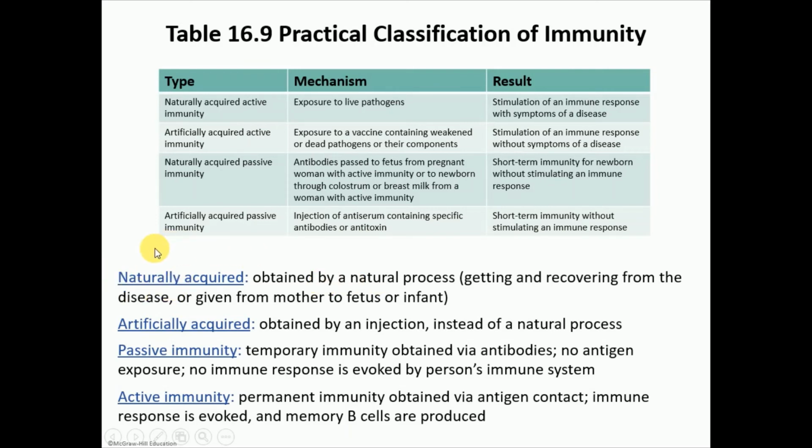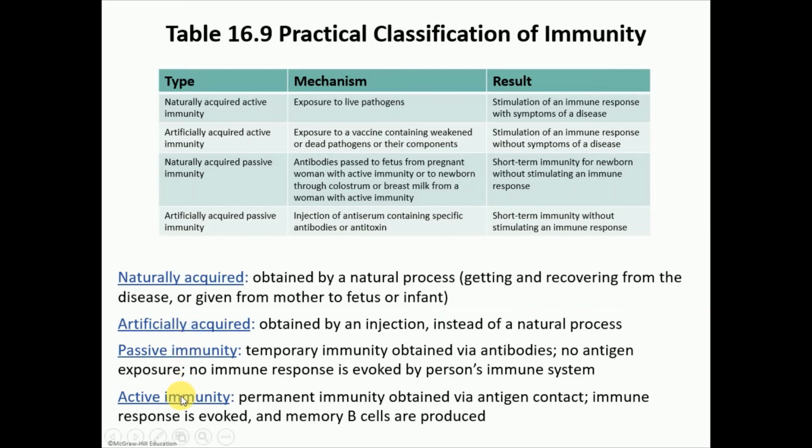Or maybe I got the immunity in the fetus from the mom through the placenta, or breastfeeding as an infant. All of these are natural processes. If I obtain the immunity through artificial processes like an injection, that would be considered artificially acquired immunity.